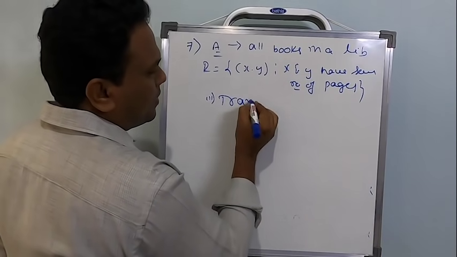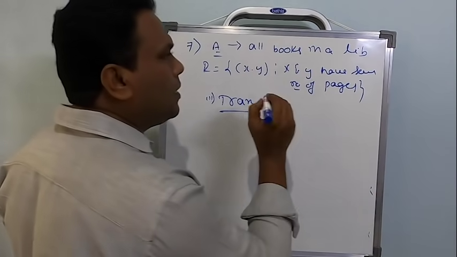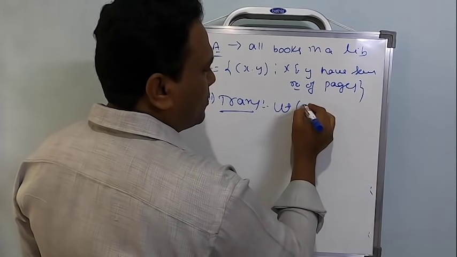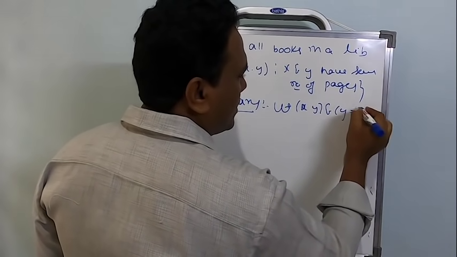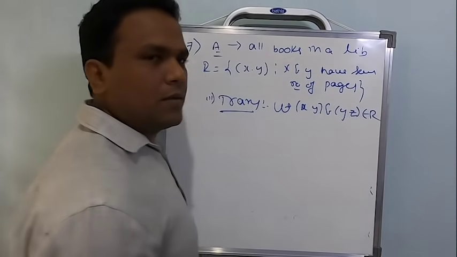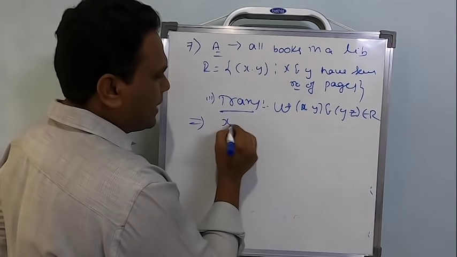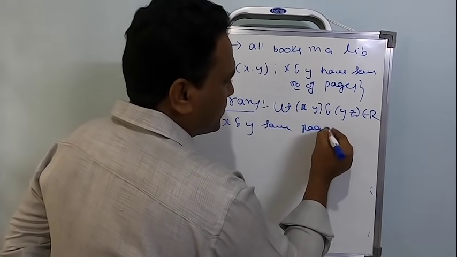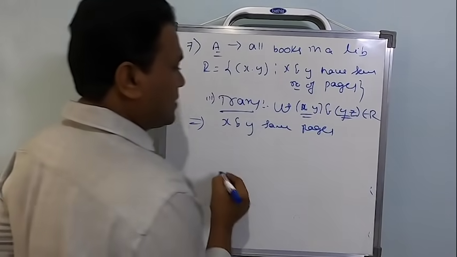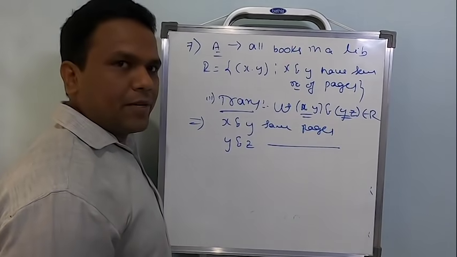Now the next one is going to be transitive. So how do you check for transitive? Let me start with ordered pairs (x, y) and (y, z) belong to R. What does this say? x and y have the same pages. What does (y, z) say? y and z also have the same pages.